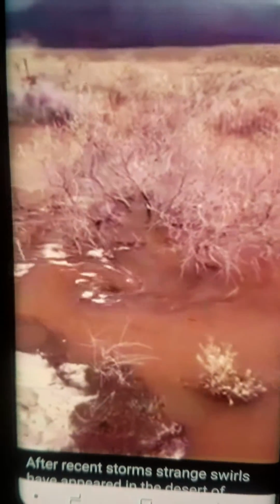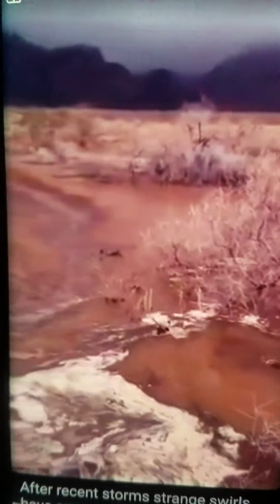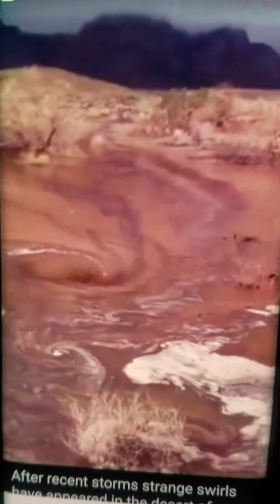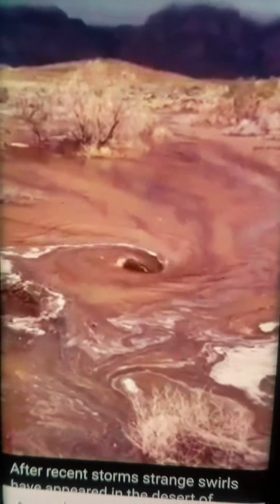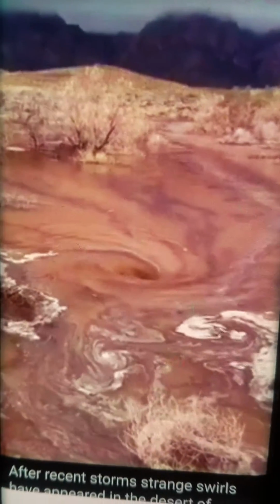You're probably wondering why I'm showing you this video. Well, if you haven't figured it out yet, this is featuring some whirlpools. The point is that people try to use the Coriolis effect to prove that the Earth is spinning.